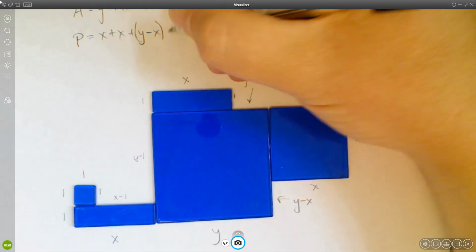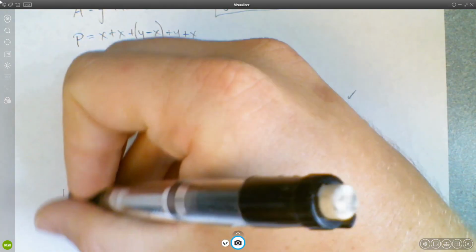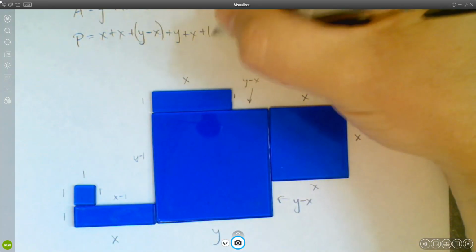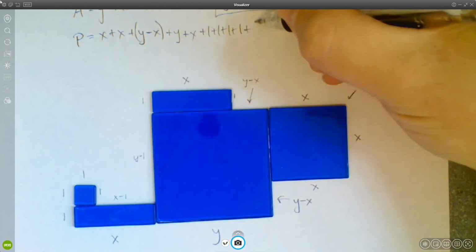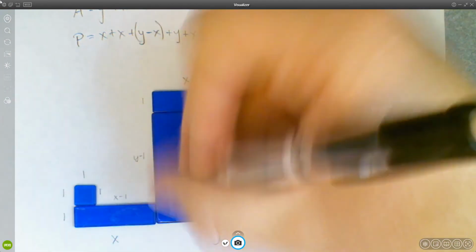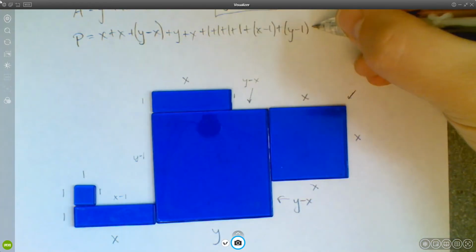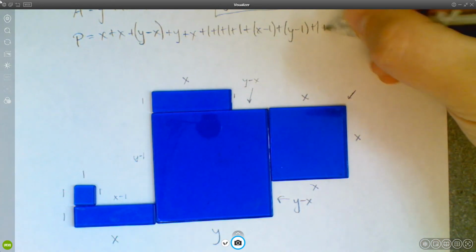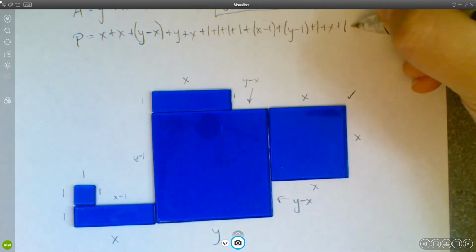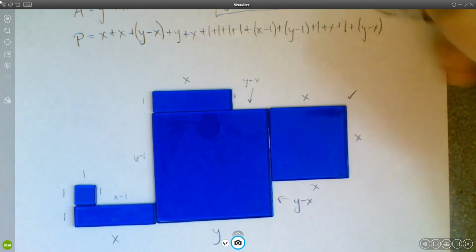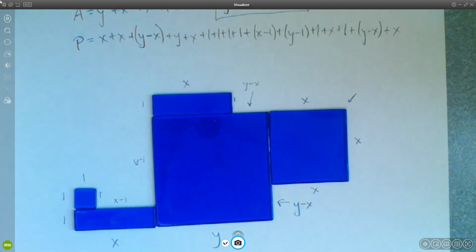And then plus y plus x plus 1 plus 1 plus 1 plus 1 plus x minus 1 plus y minus 1 plus 1 plus x plus 1 plus y minus x plus x, and then I'm back to where I started.